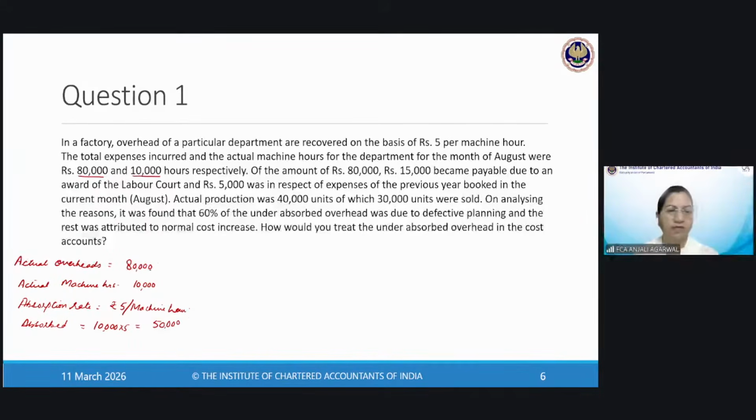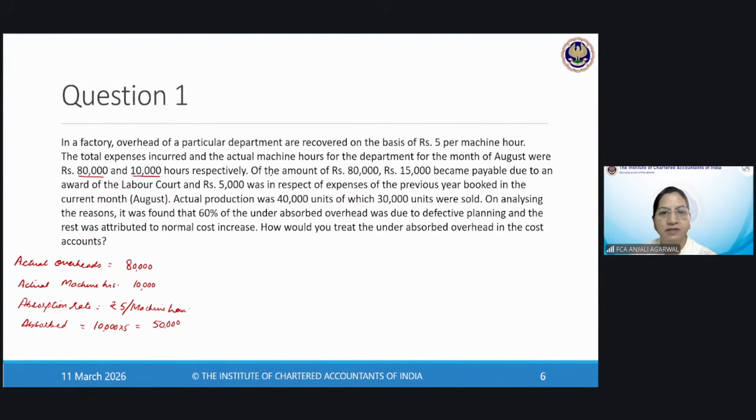If we don't have any other information, we see that this is a case of under absorption, by 30,000. Actual overheads were 80, absorbed is 50. So there is an under absorption by 30,000.